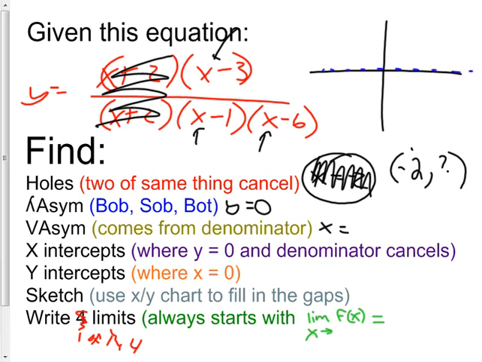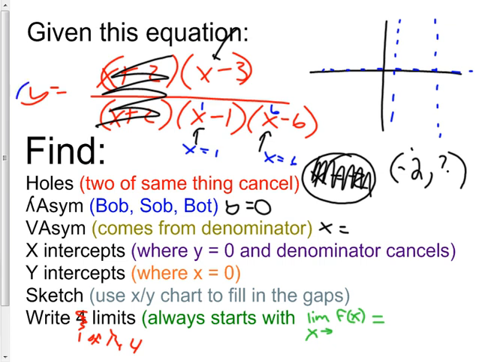Okay. The vertical asymptotes, those come from the denominator. It looks like 1 and 6 would make this, x equals 1 and x equals 6, would make this thing crash, and so therefore those are my vertical asymptotes. Next thing, x-intercepts, where y is 0 and the denominator cancels.